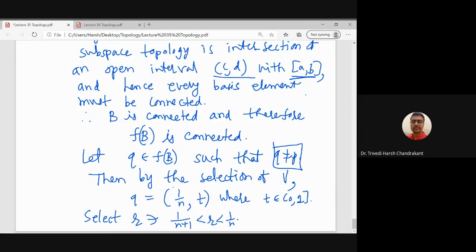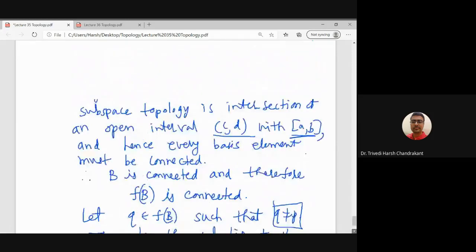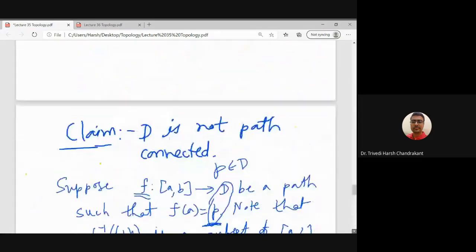V is the open set which does not intersect the x-axis. So since V does not intersect the x-axis, all the points in V are of the form 1 comma n comma t, right? So let us see that in the diagram.